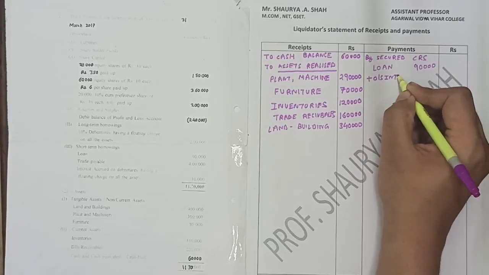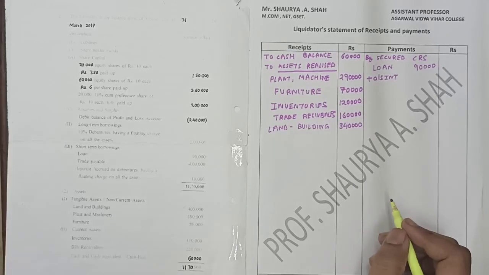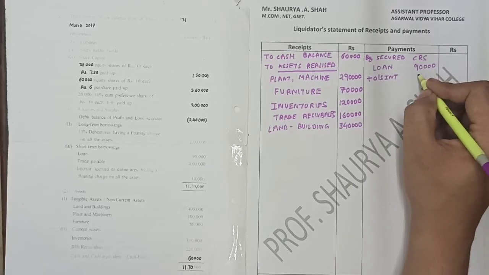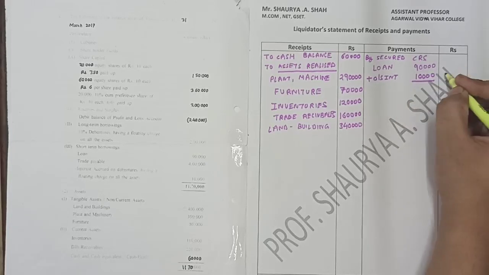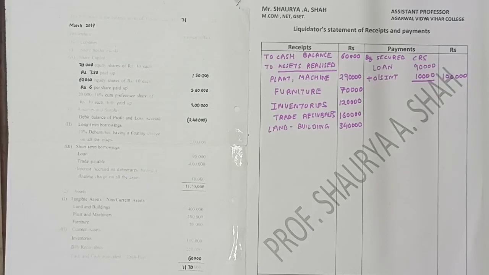You will say, from where, sir? It is in adjustment. The 10,000 is due up to the date of payment. So 10,000 I'll do it. What I have to pay is 1,00,000 rupees, right? I hope it is clear to each and every student. Fine. So what I was telling you, students, is one way is this, which I found to be easier for you people in order to calculate the liquidator's remuneration also.